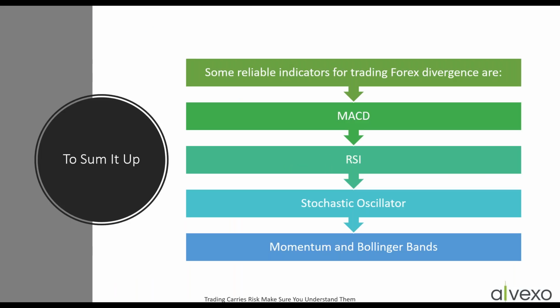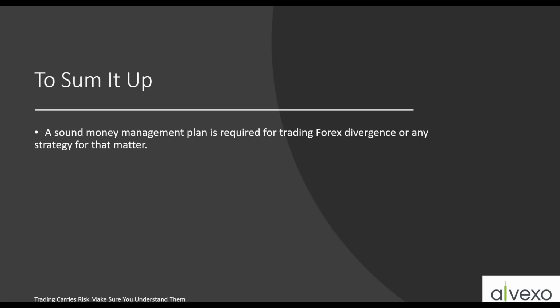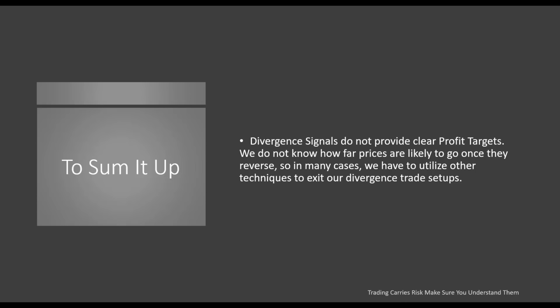Some of the most reliable indicators for trading divergence are MACD, RSI, stochastics, momentum, and Bollinger Bands. A sound money management plan is required for trading Forex or any asset, for any strategy for that matter. Divergence signals do not provide clear profit targets. We do not know how far prices are likely to go once they reverse. So in many cases, we have to utilize other techniques to exit our divergence trade setups.